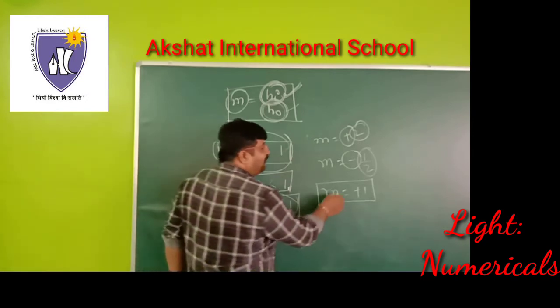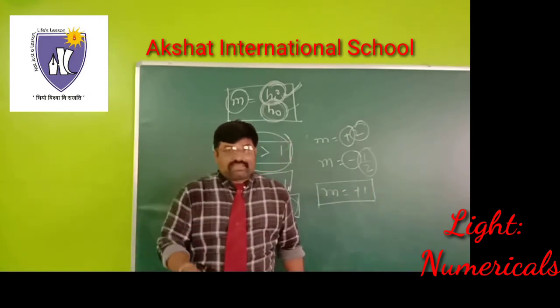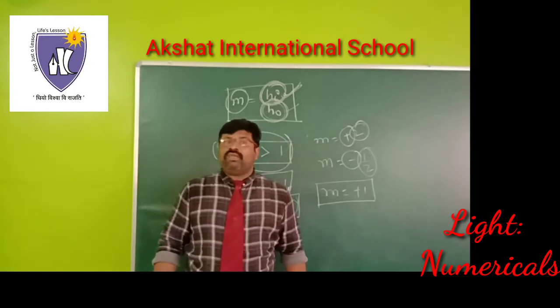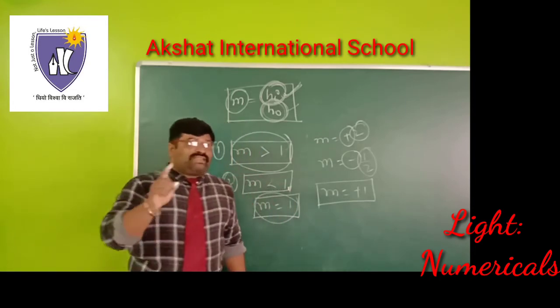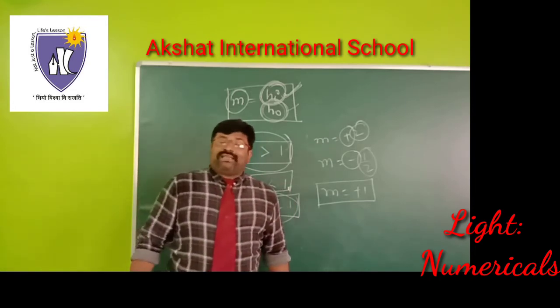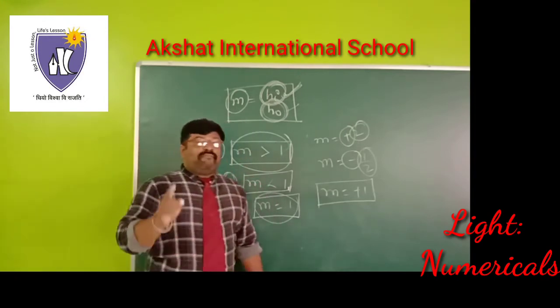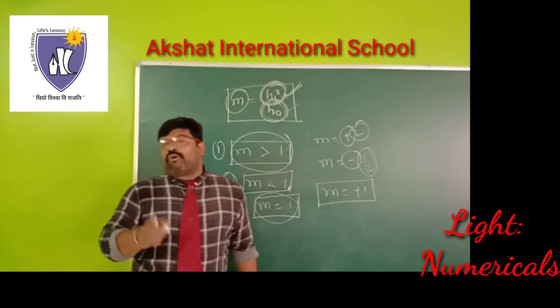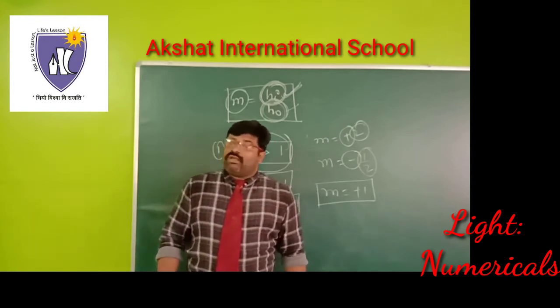So if m is given plus 1, that means the image formed is virtual and erect, equal to the size of the object. As I said, there are two mirrors. The second mirror is the concave mirror. In that, there is a case in which when the object is kept at the center of curvature, the image is formed at the center of curvature, equal to the size of the object.